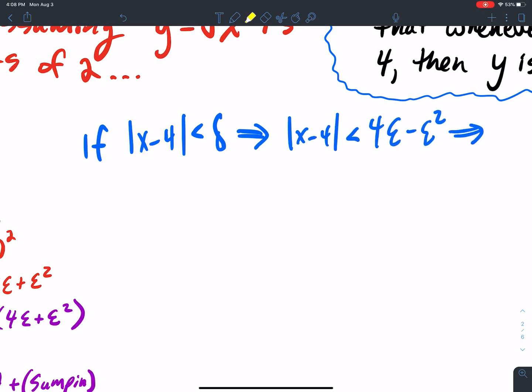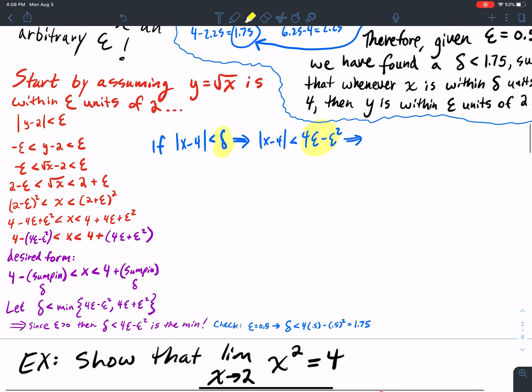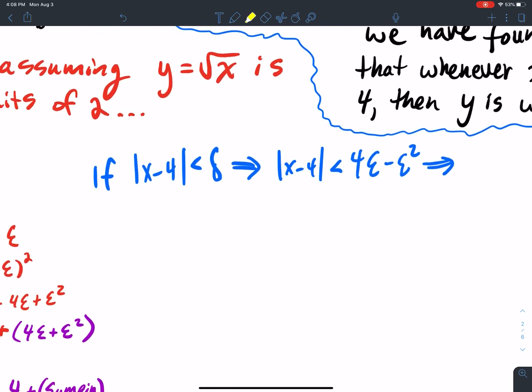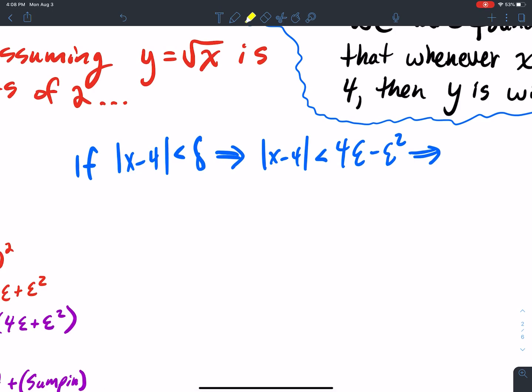All right, now look. Delta, we said, was 4 minus epsilon squared right here, okay? So 4 minus epsilon squared is what it's less than. So we're okay here. And technically, if you wanted to get kind of picky with it, what's going on is this right here.